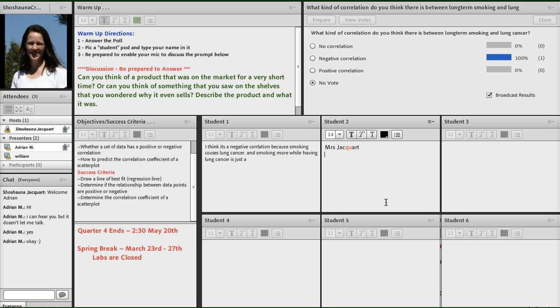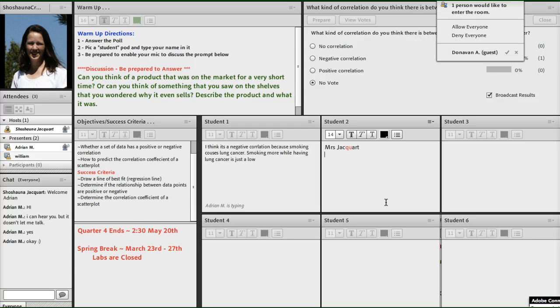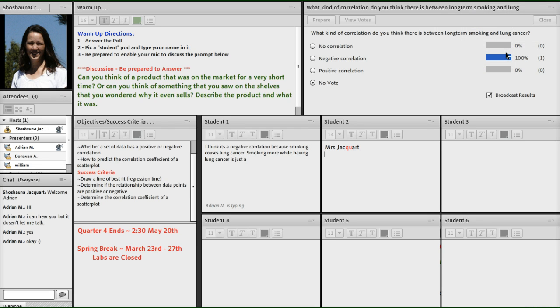Hi, William. Okay, William, just to bring you up to speed real quick: what we're talking about at the moment is the correlation between lung cancer. Oh, I'm going to wait because Donovan's coming in too.